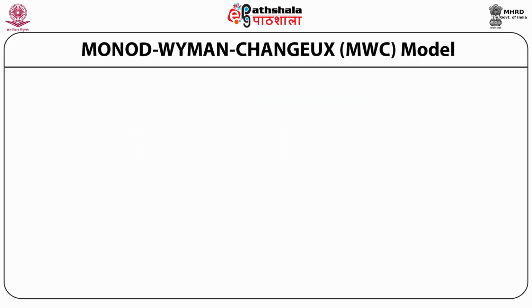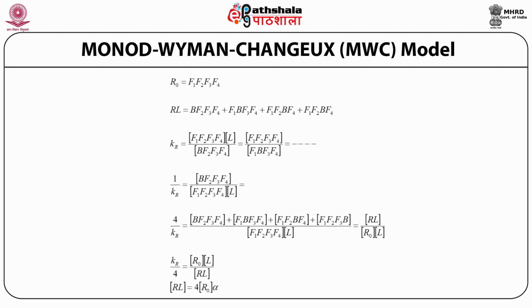Now let's see how we can calculate the fraction of bound protein in the case of the MWC model. Let's denote R0 as F1, F2, F3, F4. F represents free sites. So there are 4 sites on the protein, and we can show R0 as F1, F2, F3 and F4, and RL as one site occupied by a ligand, and that site is called B. Then RL can come from 4 different ways.